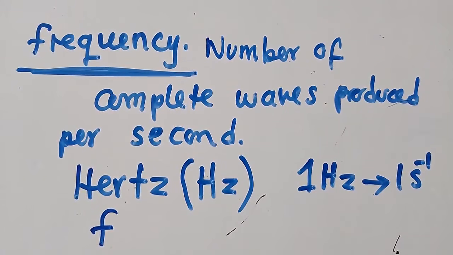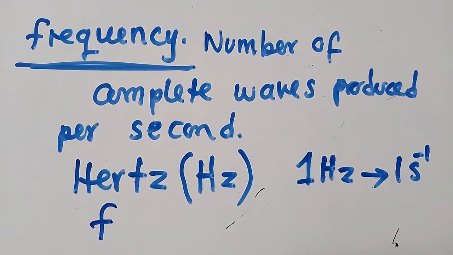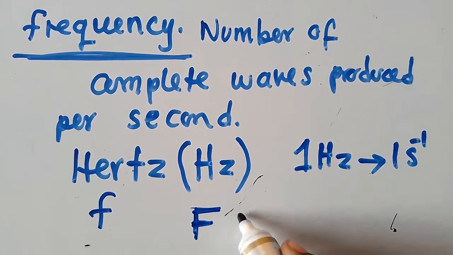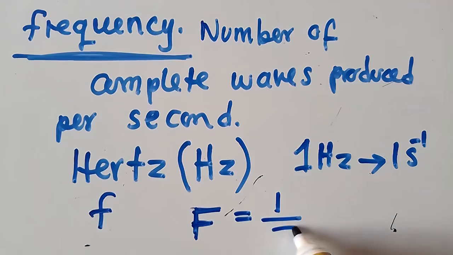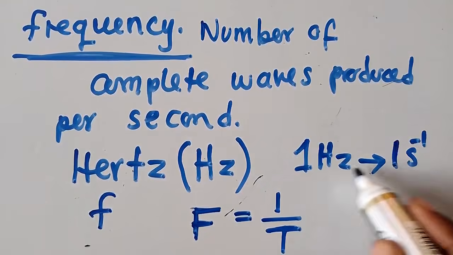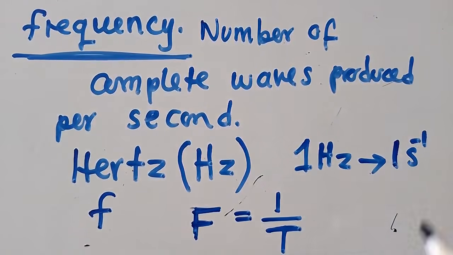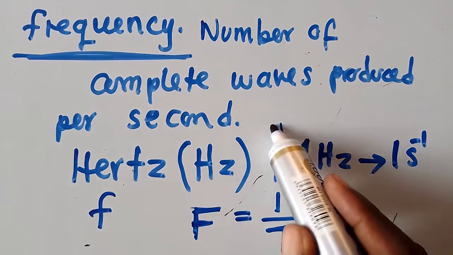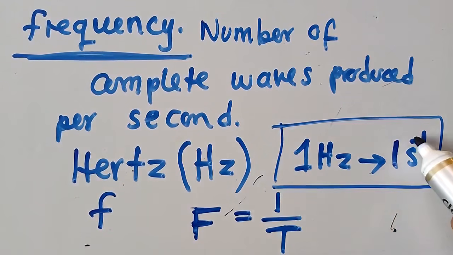Now there's a relationship between frequency and period. The relationship between frequency and period is that we say frequency is equal to 1 over period. That's why I wrote this one. It is inversely proportional to period. This is what it means. There's a negative 1 there.